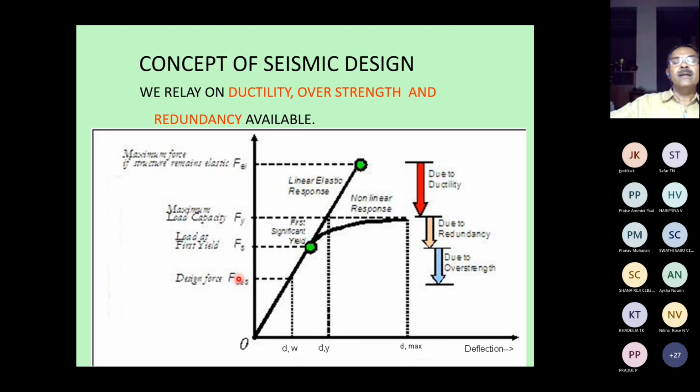This reduction is compensated by utilizing the ductility in the structure, redundancy in the structure, and overstrength in the structure. All these parameters help us in the event of a peak earthquake, and we provide a very ductile structure for collapse prevention. The structure will be damaged, but it will not collapse on the heads of the people who stay inside.